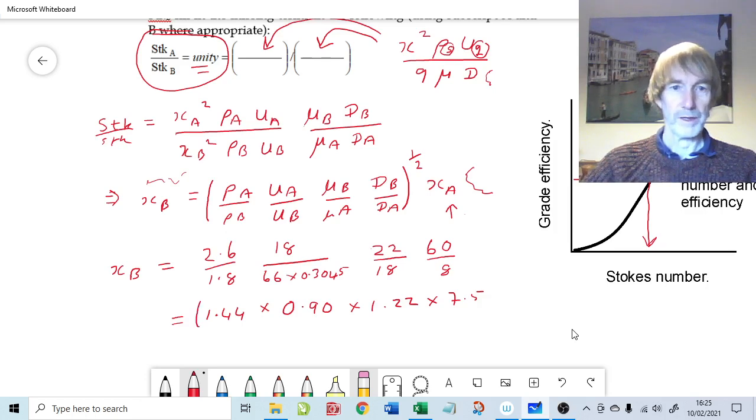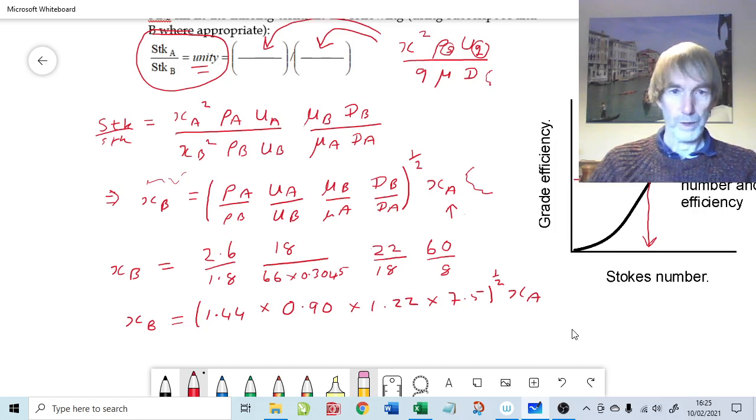Okay, so that's what we need to square root in order to convert values of XA into values of XB, the particle size that gives us the same Stokes number.